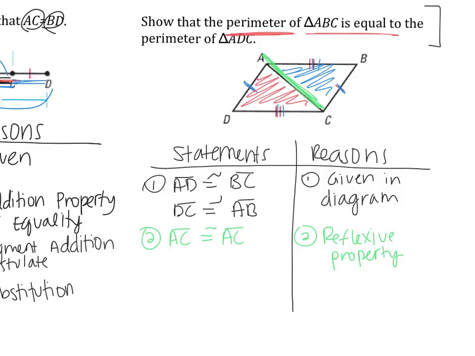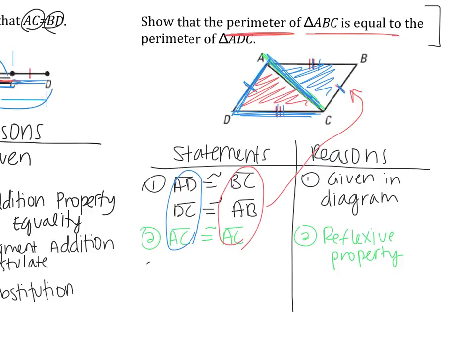Now, I have all the sides of one triangle, and I have all the sides of the other triangle. So if I look at AD plus DC plus AC, that's one triangle. So that's in blue. Then the sides that are circled in red are this triangle right here.